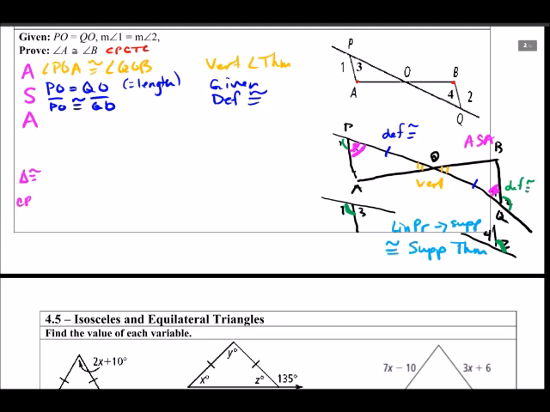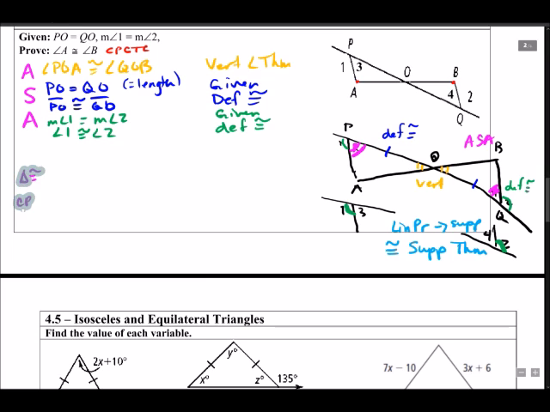Now, how are we going to get that angle? There's a few steps involved in this. The measure of angle 1 equals the measure of angle 2. That's a given. So I can say angle 1 is congruent to angle 2 by definition of congruence.